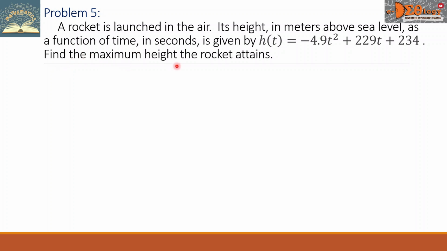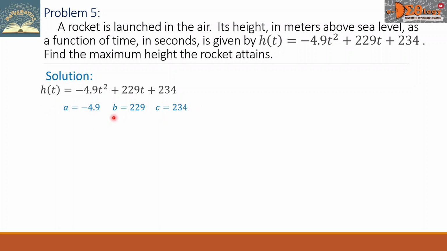Find the maximum height the rocket attains. We write the function down here. Then we can collect the values of A, B, and C. A is negative 4.9, B equals 229, and C is 234.